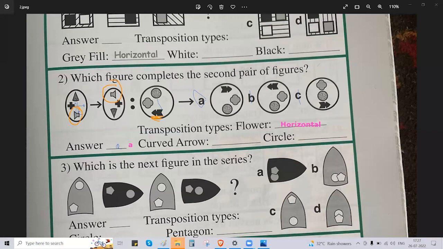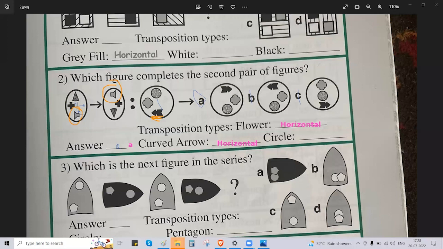Yes. Now you tell me, is it vertical flip or horizontal flip? I think it's a horizontal flip. Aren't you sure? I'm sure. Yes, you're right. So this is a horizontal flip.